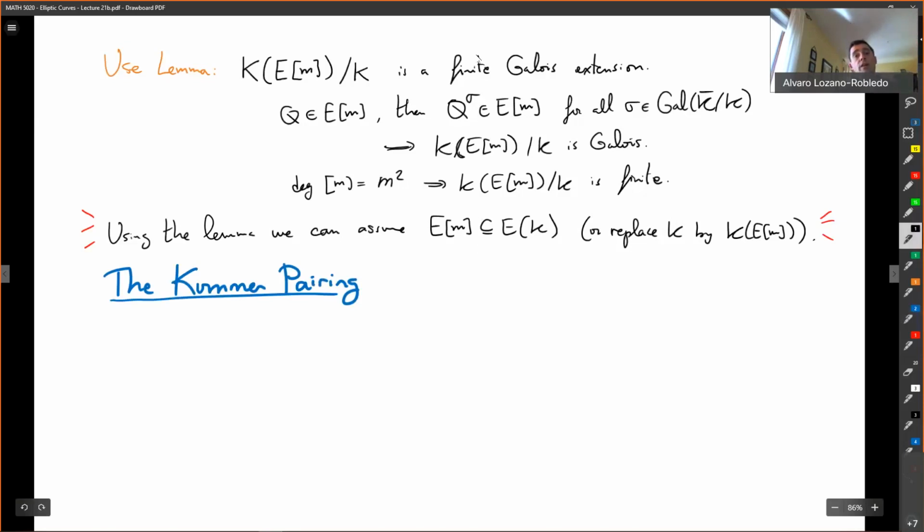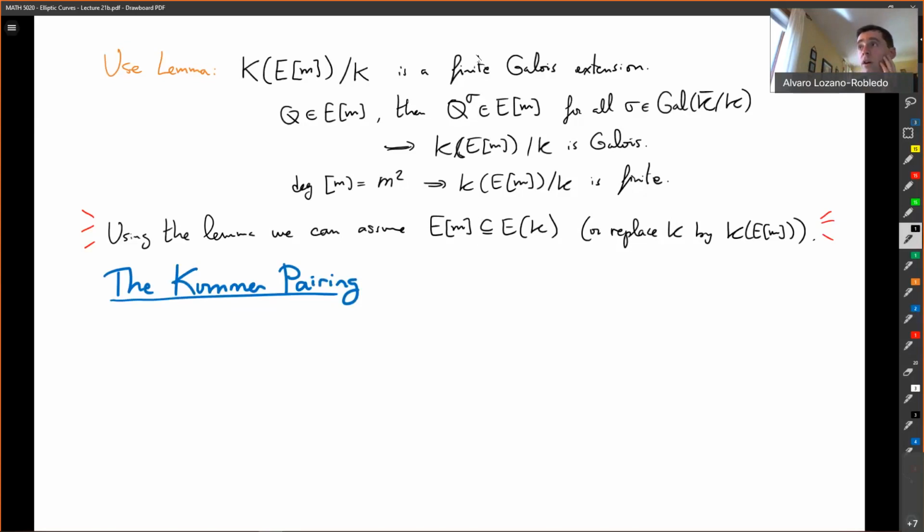So we're going to define, remember we had a pairing, which was the Weil pairing. Now the Kummer pairing, which is also very much related to homology, very much related to what we just did, is going to give us a few properties that are going to be key to prove the weak Mordell-Weil theorem.